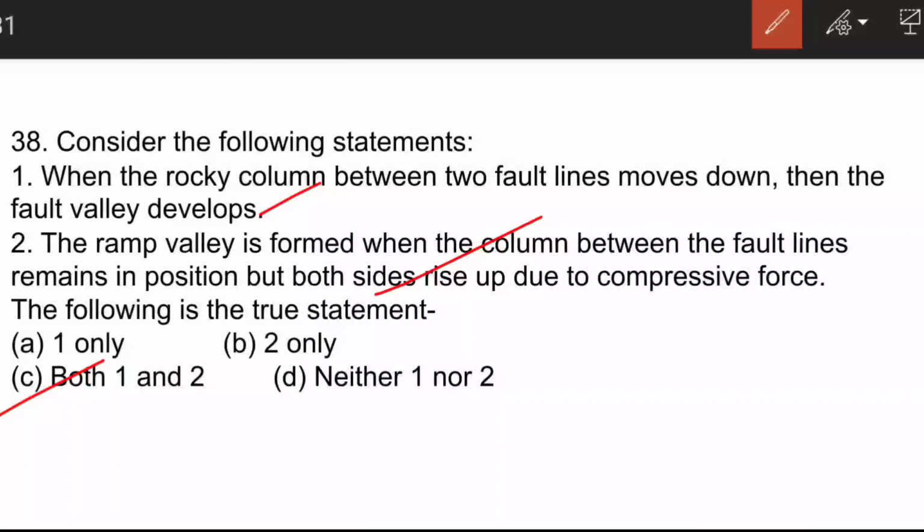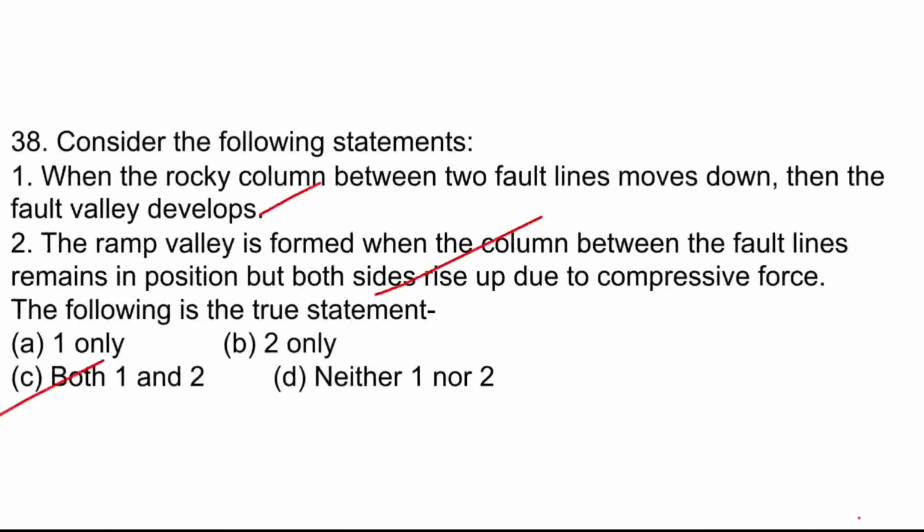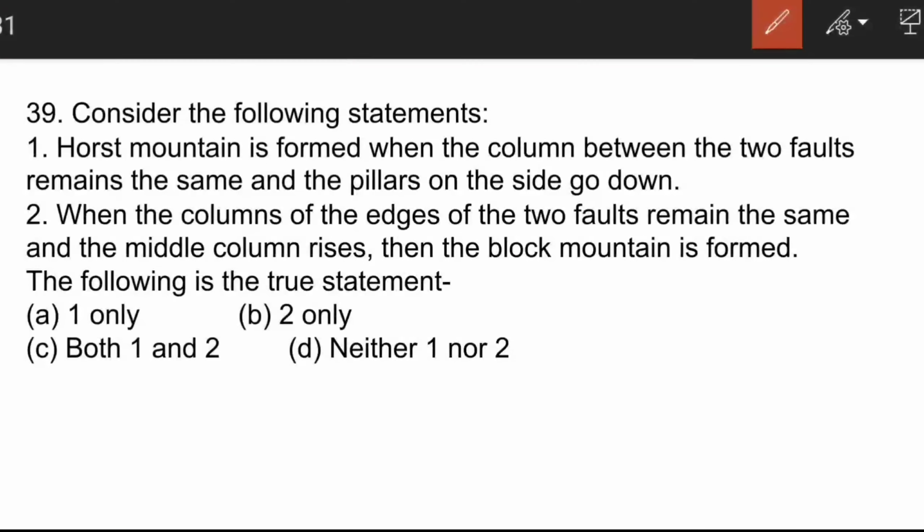The next question is, consider the following statements. Horst mountain is formed when the column between the two faults remains the same and the pillars on the sides go down. When the columns at the edges of the two faults remain the same and the middle column rises, then the block mountain is formed. So in this question, D is the correct answer. Both the statements are wrong.